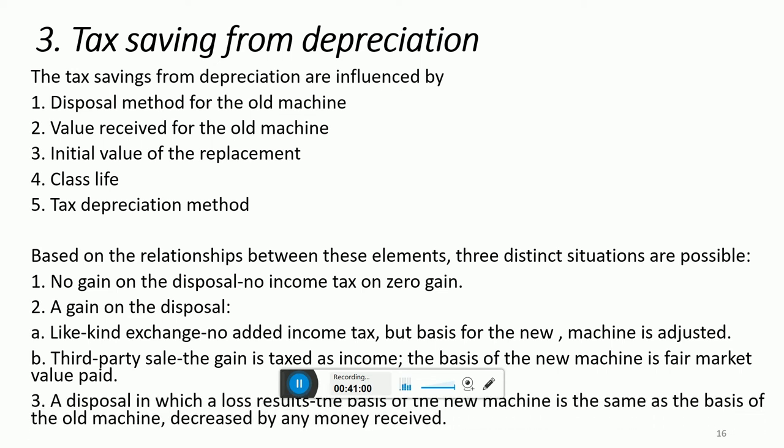The third one is a disposal in which a loss results. The basis of the new machine is the same as the basis of the old machine, decreased by any amount received.